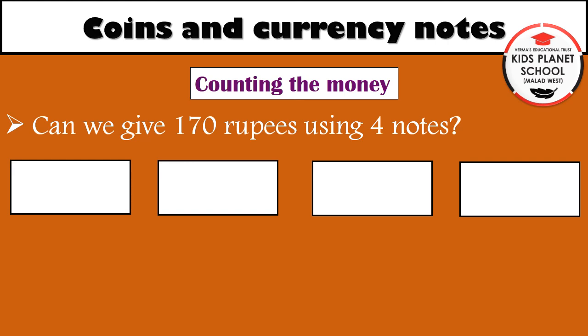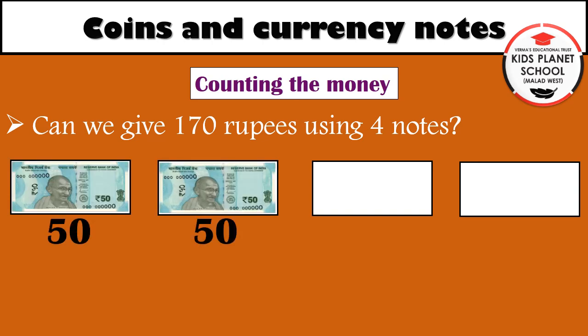Can we give 170 rupees using 4 notes? Children, let us solve this question. Can we give 170 rupees using 4 notes? Yes. Let us first give 2 notes of 50 rupees, which makes 100 rupees.